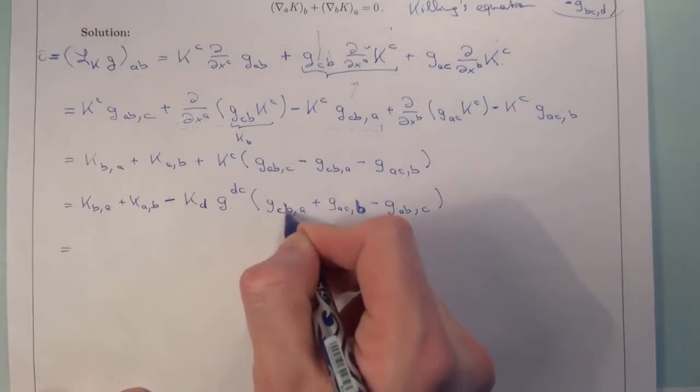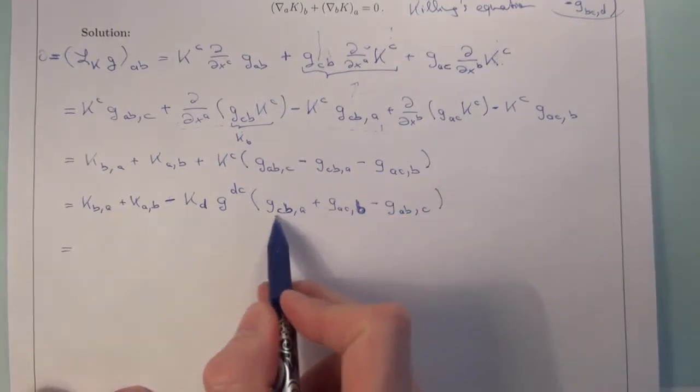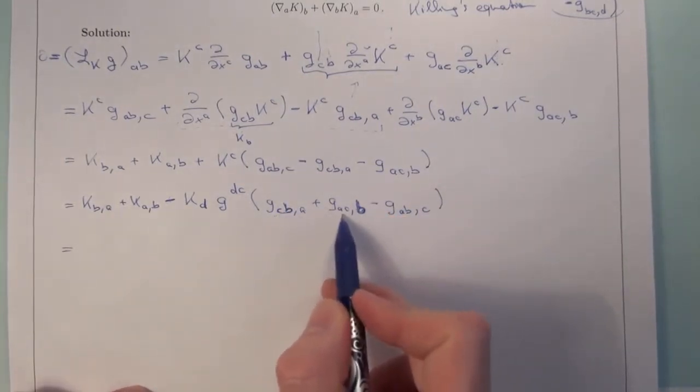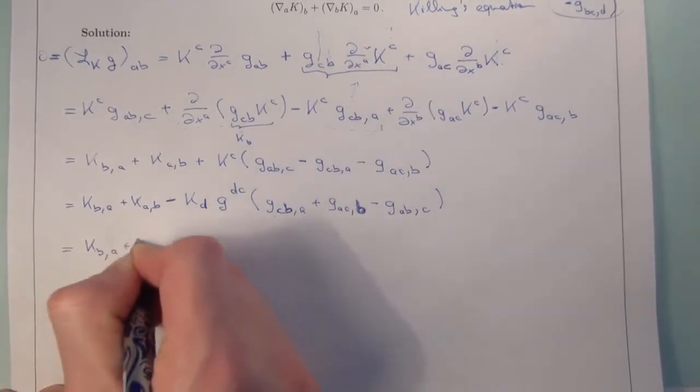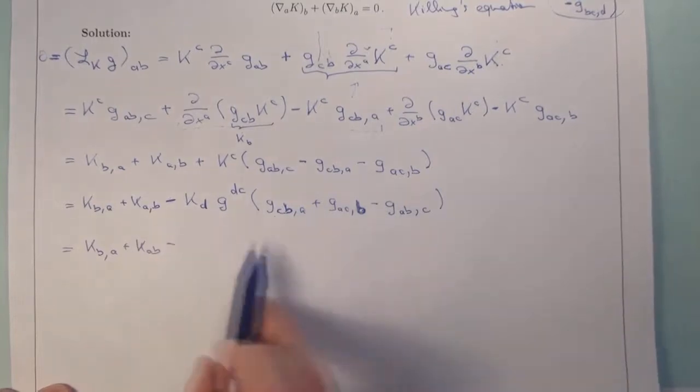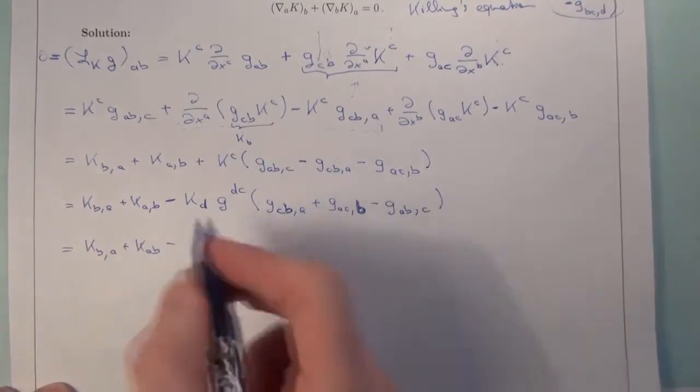And now we know that the metric is symmetric in these indices, and what that means is we just have twice the gamma here.